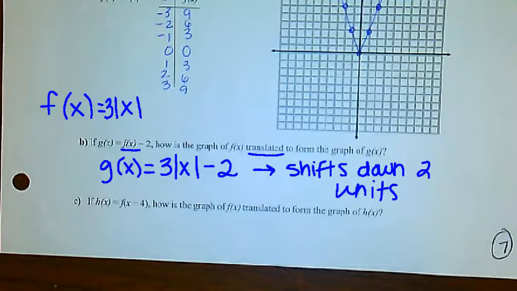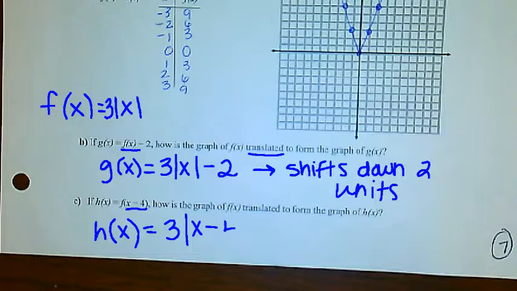And then now, remember, if we are subtracting something inside the parentheses, we are going to keep that inside of the absolute value. So it's going to look like this. And again, that works the same as if there was no coefficient. So throw that in your calculator and you'll see it shifts, not 2, 4 units to the right.